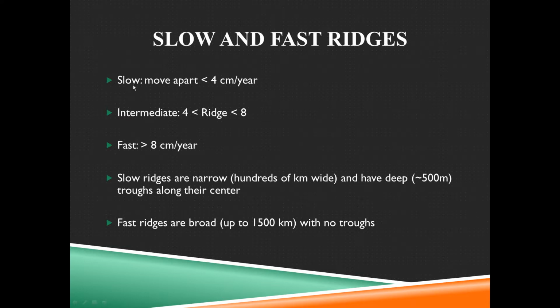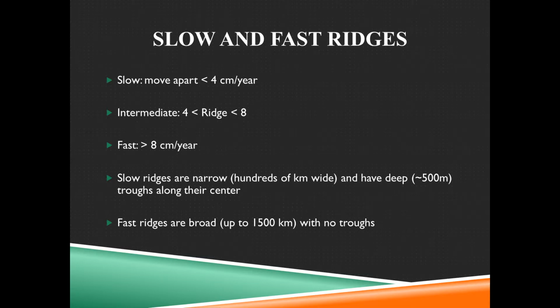So anyways, we've got the slow, intermediate, and fast speeds of spreading. And the ridges are going to look different depending on what speed they're spreading. A slow ridge, or a slow spread, is going to give us ridges that are narrow. By narrow, we mean a couple hundred kilometers wide.